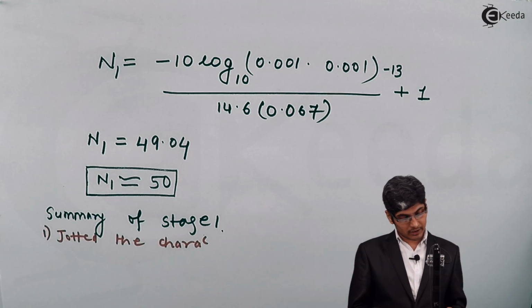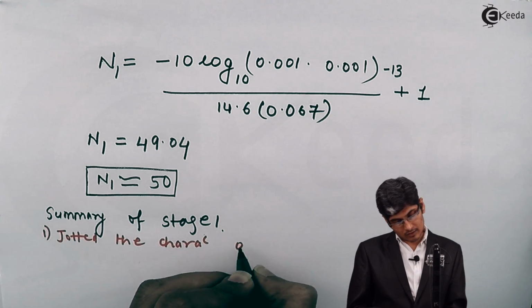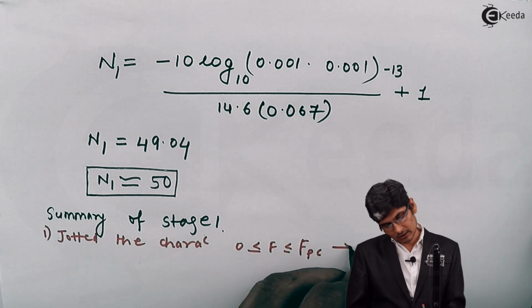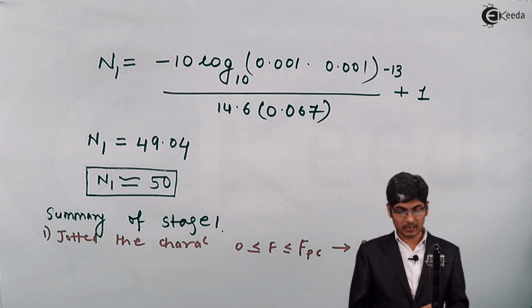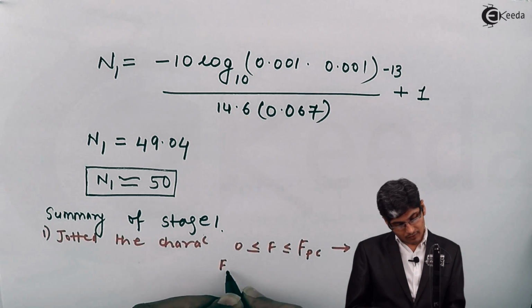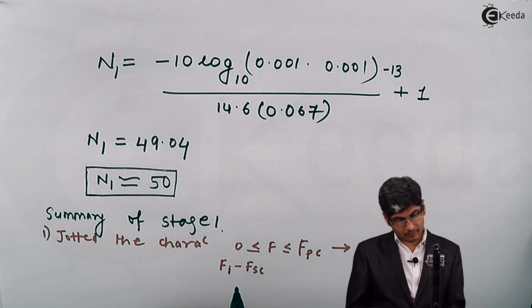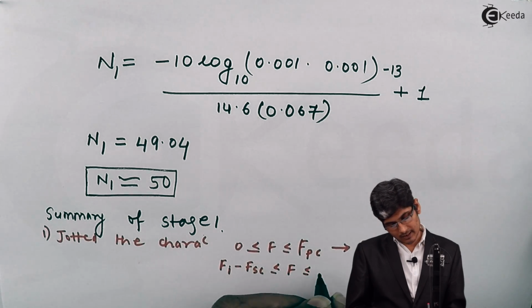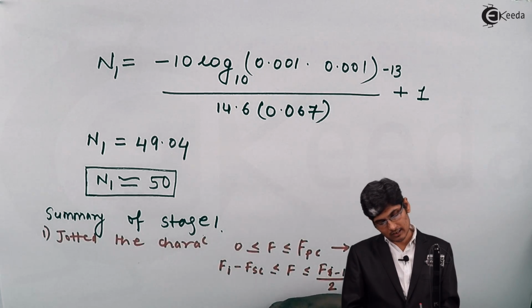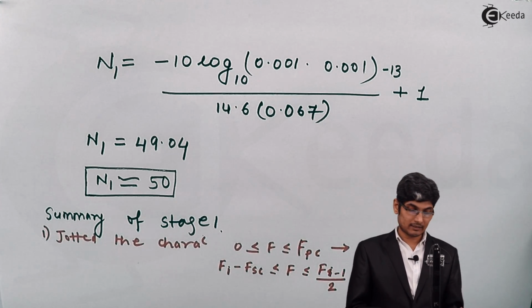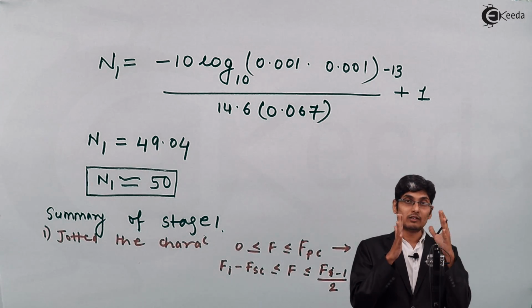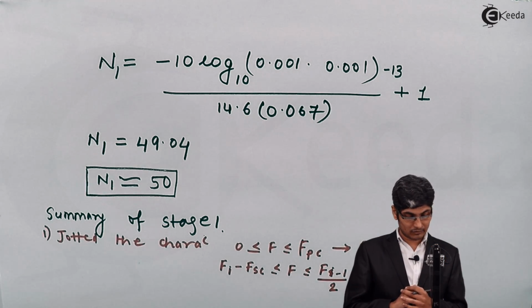We jotted 0 less than or equal to f less than or equal to fpc, which are nothing but the passband characteristics. Then we jotted fi minus fsc less than or equal to f less than or equal to fi minus 1 by 2 as the stopband characteristics. With these two characteristics, I got the transition or the actual requirement, right?